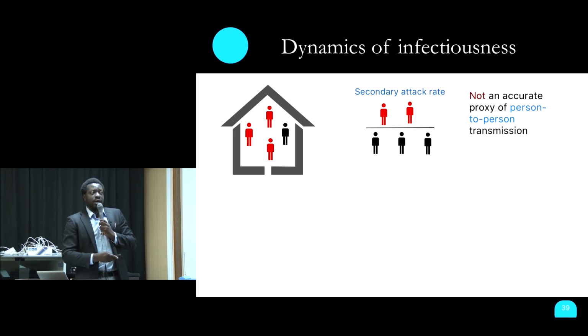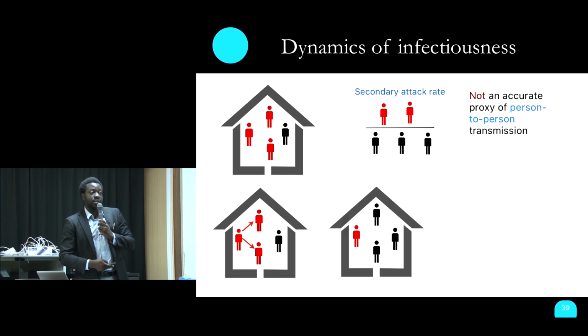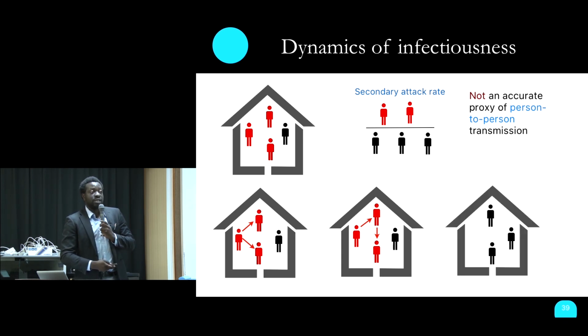But how did the transmission happen? We don't really know. There are many possibilities. For example, the primary case can infect both of them at the same time. Or another possibility, it can infect the one here, and the one up will infect the one down. And one other possibility is that it can come from the one down to the one up.